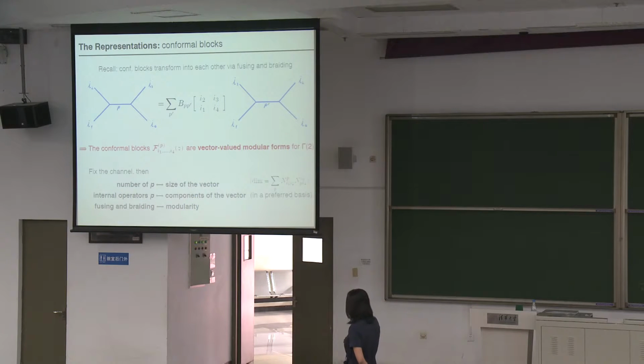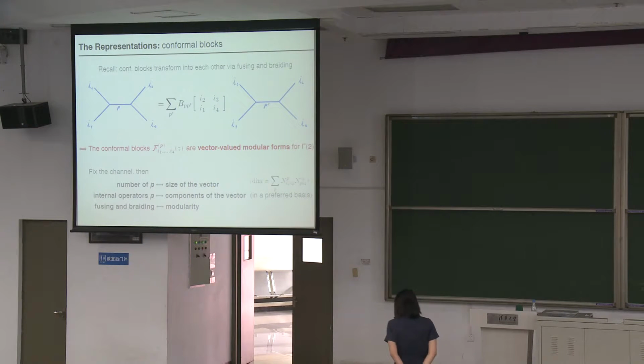But let's assume it's 1 or 0 from now on without much loss of generality. And the different internal operators correspond to different components of the vector, at least in this preferred basis. And the fusing and braiding is nothing but the modular property of these vector valued modular forms.